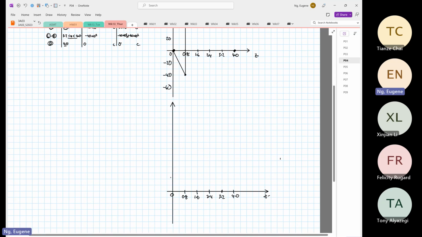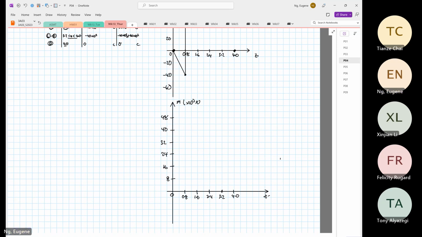Okay, so I'm going to have 8, 16, 24, 32, 40, and 48, and this is our moment, and it is going to be in times 10 to the power 3 Newton meter, and you have minus 8, minus 16.